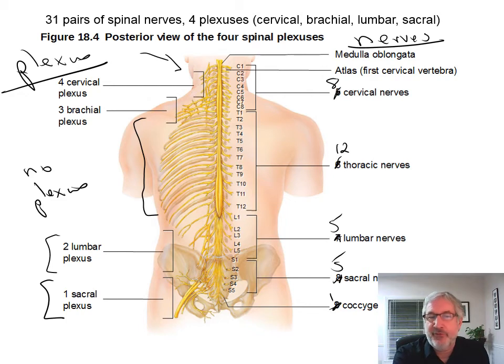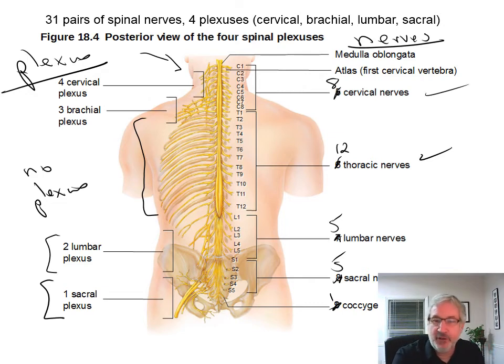So C2, 3, 4, 5, 6, and 7 all come out over the top, and C8 comes out below the transverse process, in front of that, below the vertebra. So you have C1 through C8, 8 cervical nerves. Then you have 12 thoracic nerves. Those follow each one of the thoracic vertebrae.